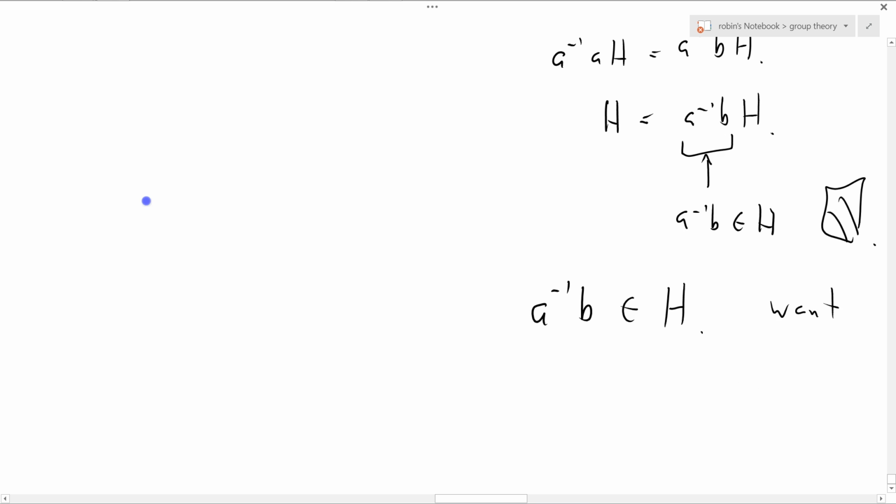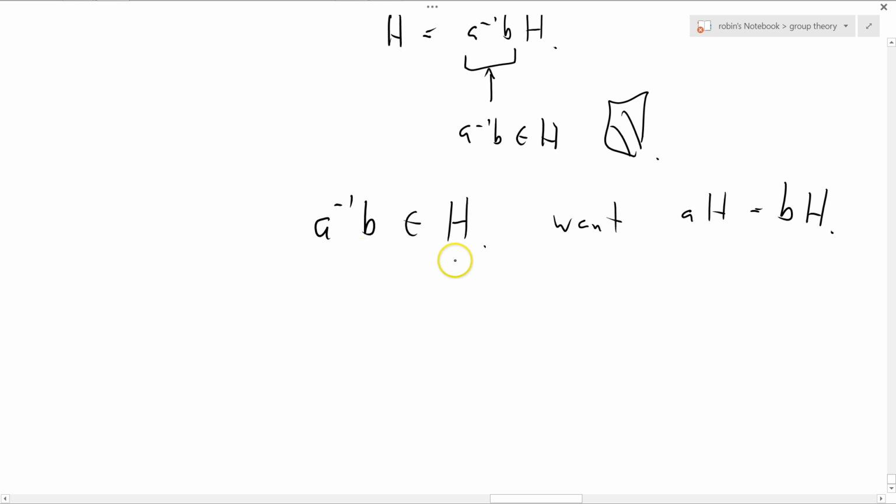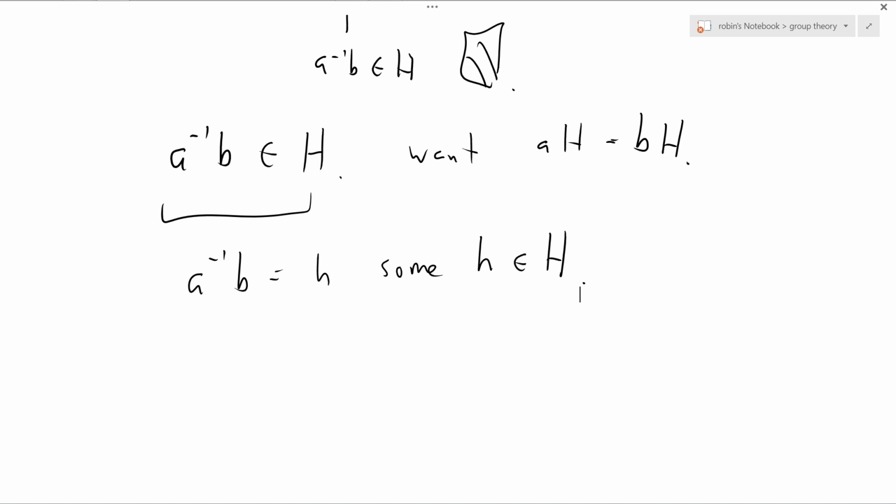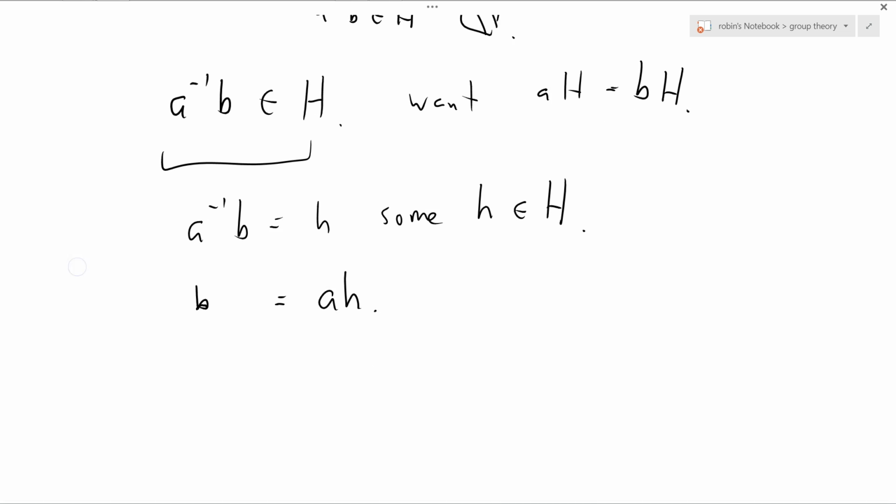Well, if this is the case, then I know that a^-1 b equals h for some h in H. So that tells me that b equals ah. And so I know that bH equals ahH.